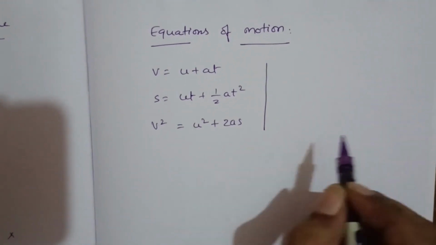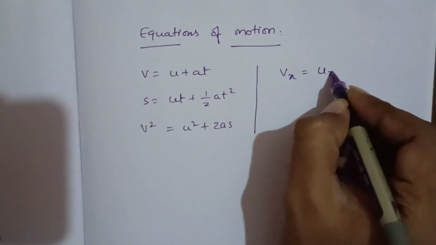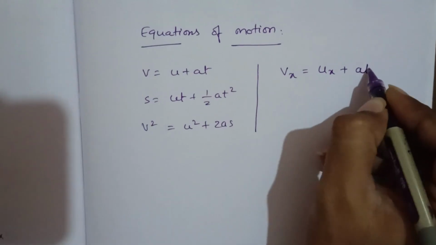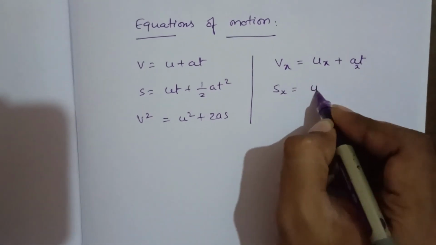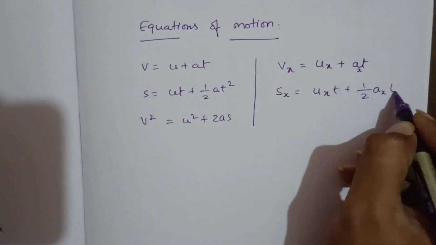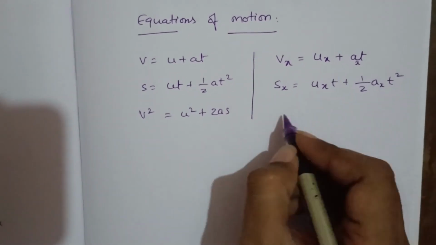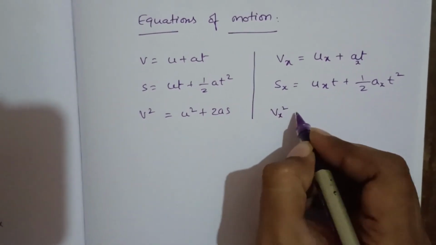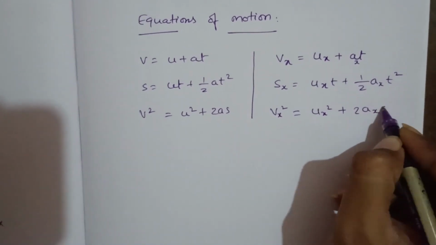If the body is moving along the x-axis, it can be written as Vx equal to ux plus axt, Sx equal to uxt plus half axt square, and Vx square equal to ux square plus 2ax sx.